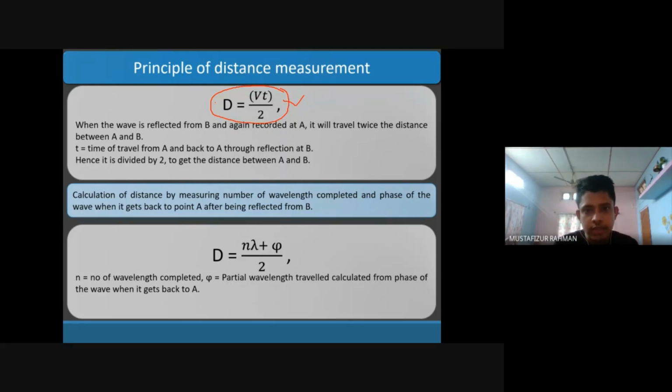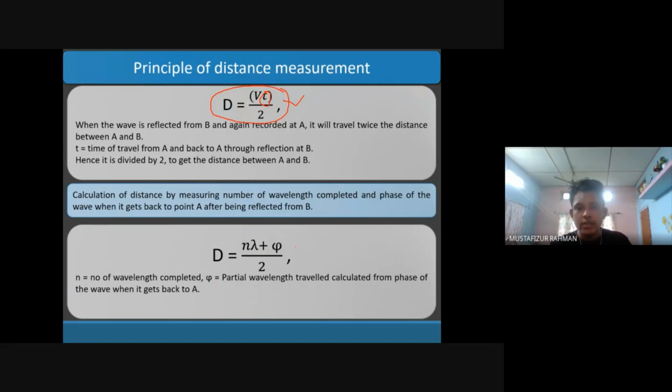Therefore, the distance traveled is 2 times the distance between the two concerned points A and B, right? The velocity we know, the constant velocity, and depending upon the environmental condition the velocity may change a little bit and we can find it. The problem with calculating time was that the time is very small and it was difficult to calculate.